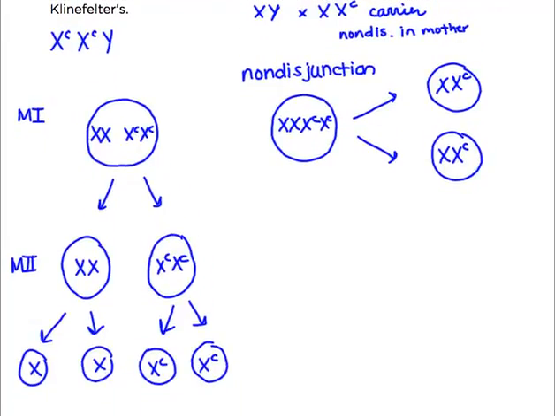Now from non-disjunction 2, so you have these 2 cells here, so at meiosis 2 you have a cell with XX normal and a cell with the 2 colorblind X's.